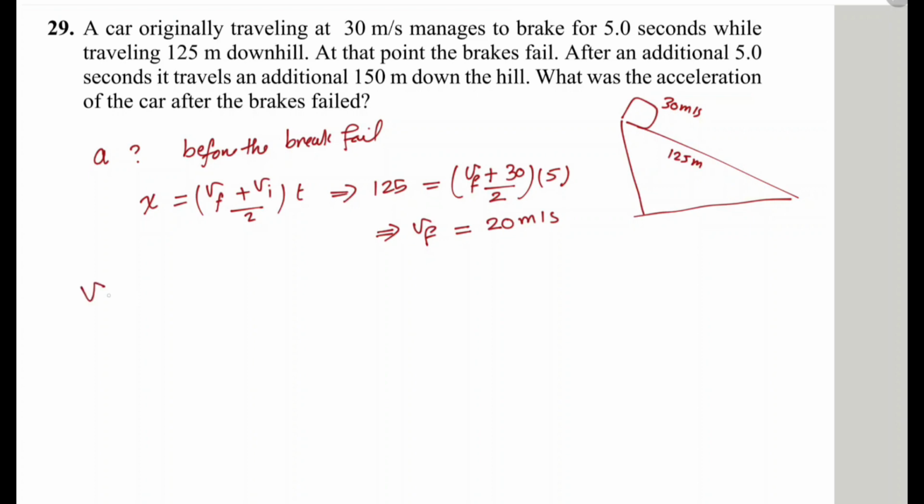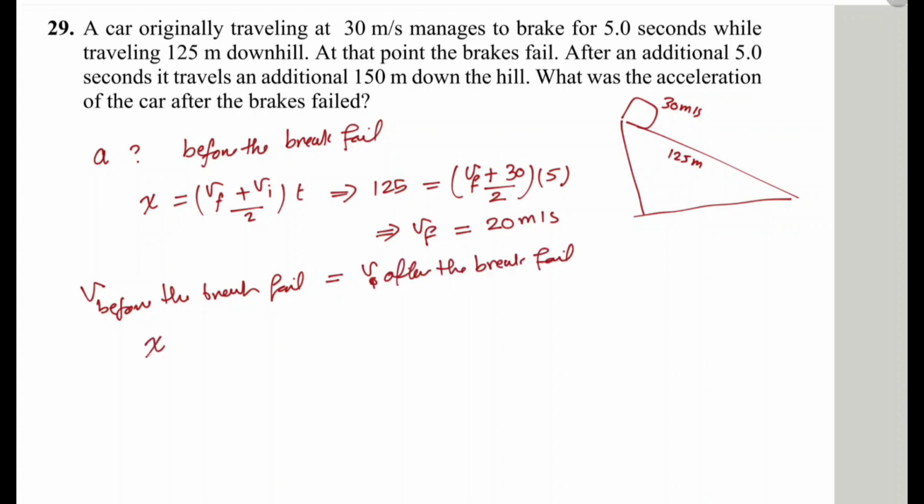Now v before the brakes fail equals v after the brakes fail, which means in simple words, v final for the first stage is the v initial for the second stage.